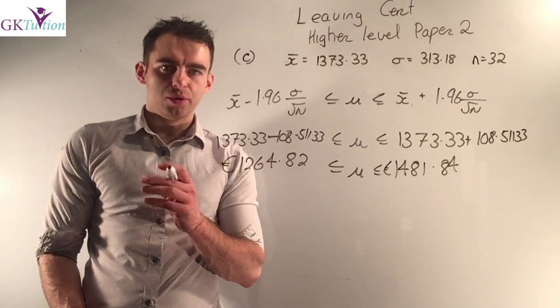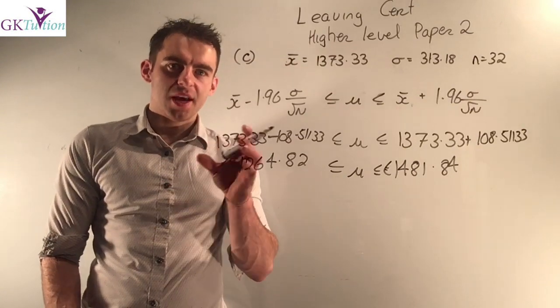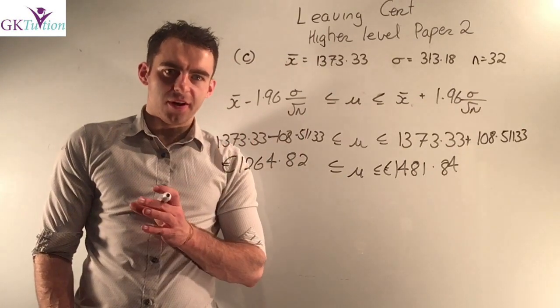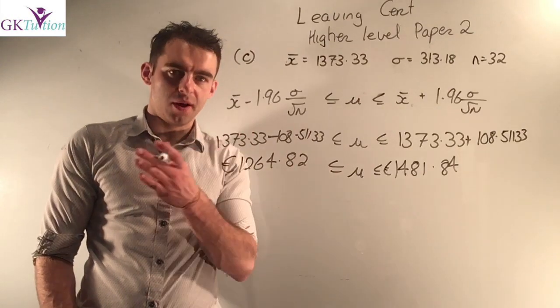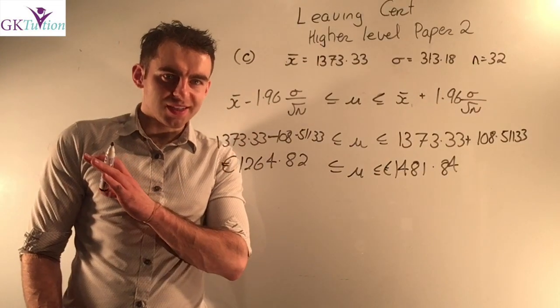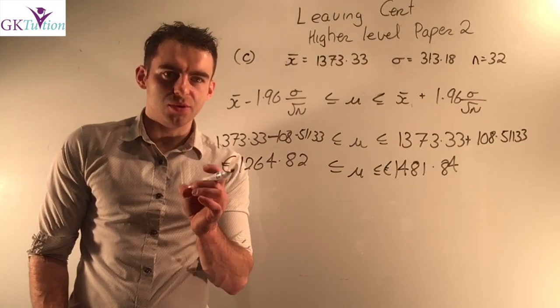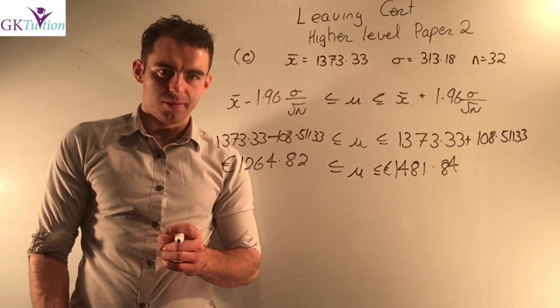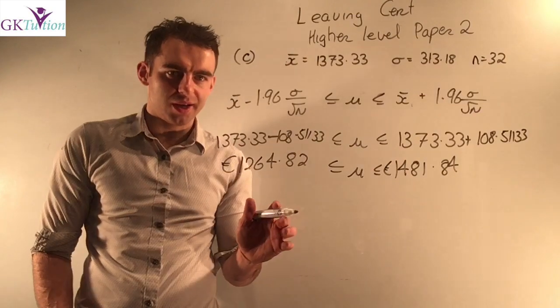The empirical rule is on the ordinary level course as well, and it's a rough estimate that roughly 95% of figures are within 2 standard deviations of the mean in a normal distribution. But that's an estimate. At higher level, you're only allowed to use it if they tell you to use the empirical formula. In this case, they didn't mention empirical rules, so you're not allowed to use it.